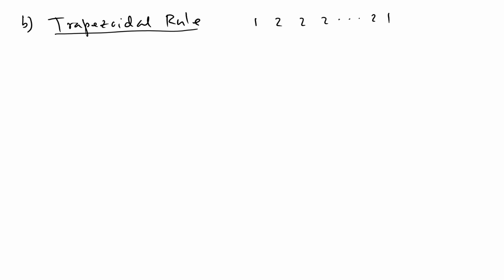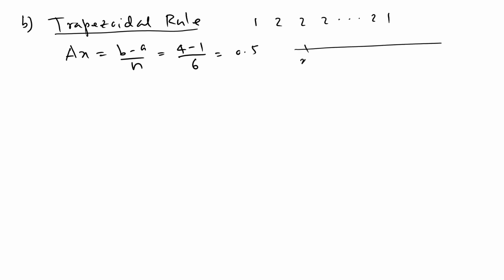So delta x is the same, 4 minus 1 over 6, which is 0.5. We start with x0, then x1, x2, up to x6, and each gap is 0.5, so we start with 1, then 1.5, 2, like that. So we end up with 4.0. Every time you jump by 0.5.